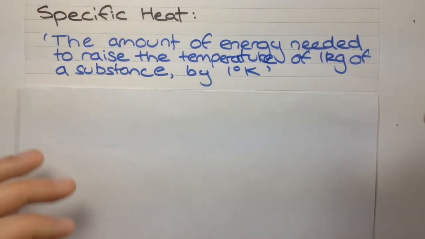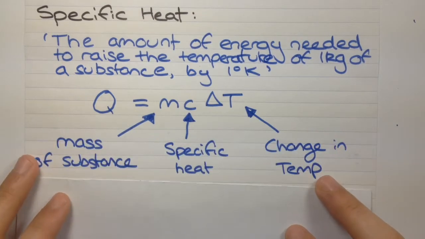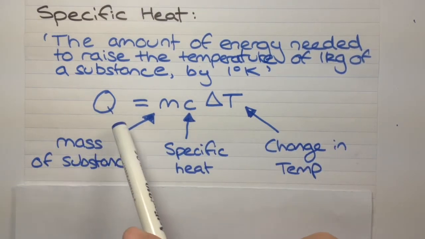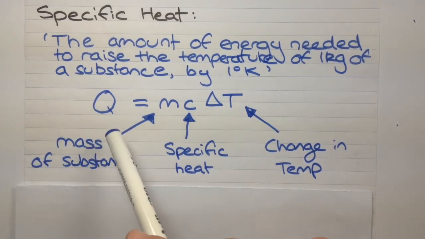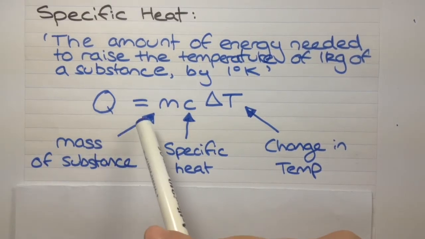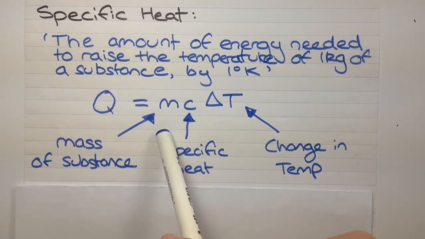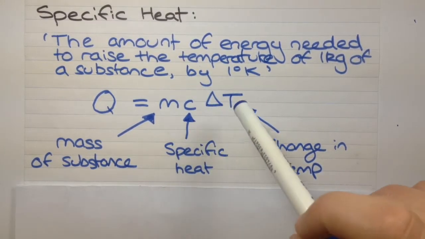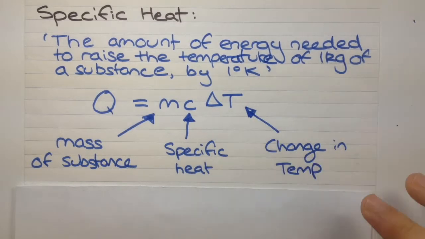And we use specific heat in this formula, which relates Q, as in the heat energy transfer, which is equal to the mass of a substance times the specific heat times the change in temperature.